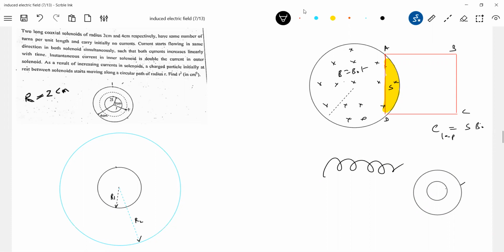And now the current: here the current is 2I. Here the current is I. So there's solenoid 1, solenoid 2.